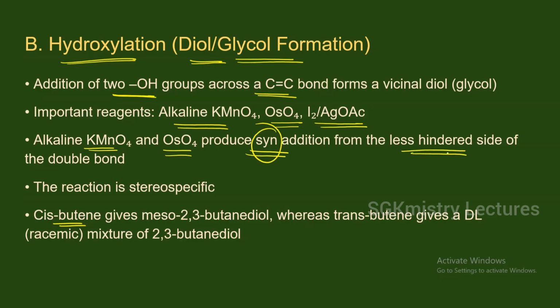And again, this occurs from the less hindered side of the double bond. Since syn addition is taking place, this reaction is stereospecific in nature. Now let us take the example of cis-butene. You get meso-2,3-butanediol, whereas trans-butene gives DL, that is a racemic mixture of 2,3-butanediol.